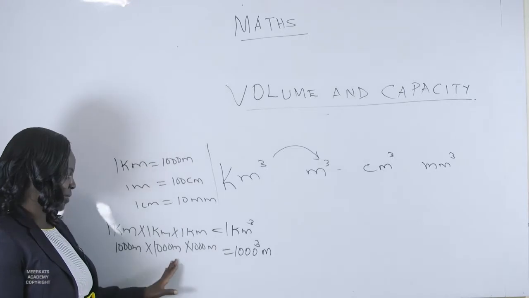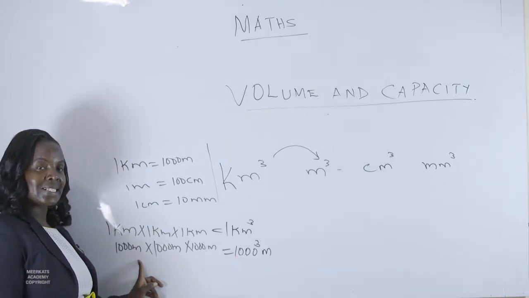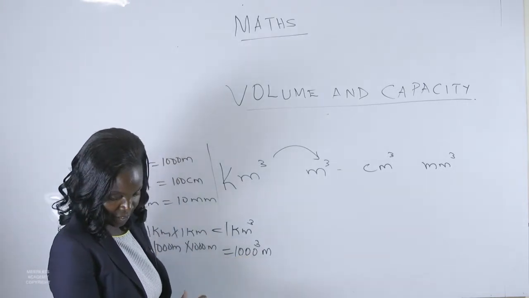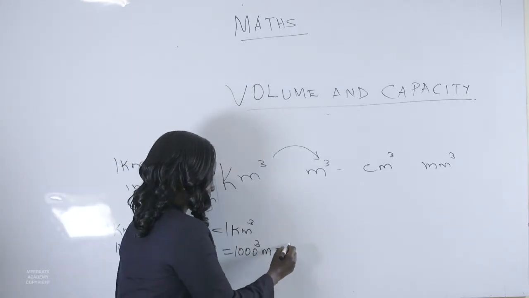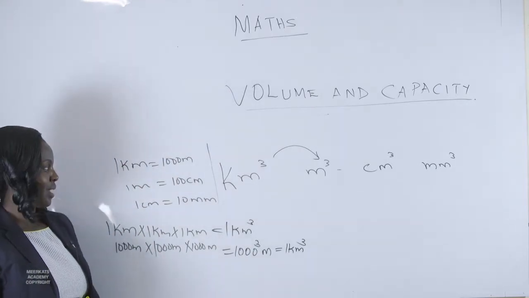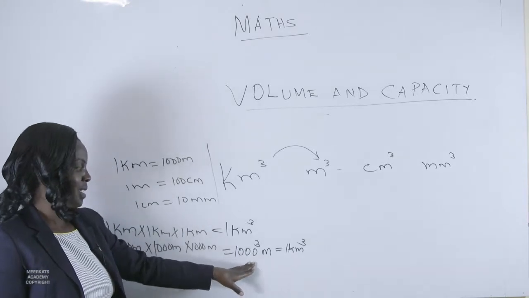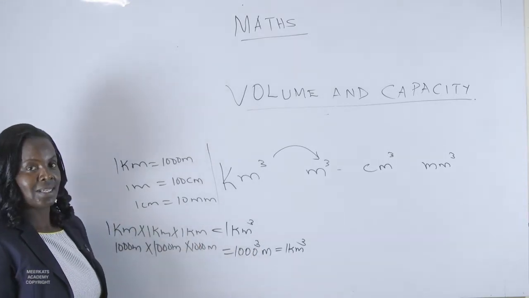Instead of writing all the zeros, because 1,000 is multiplied by itself 3 times, we can say 1,000 cubed meters, which is equal to 1 cubic kilometer. So in 1 cubic kilometer, we have 1,000 raised to power 3 meters.